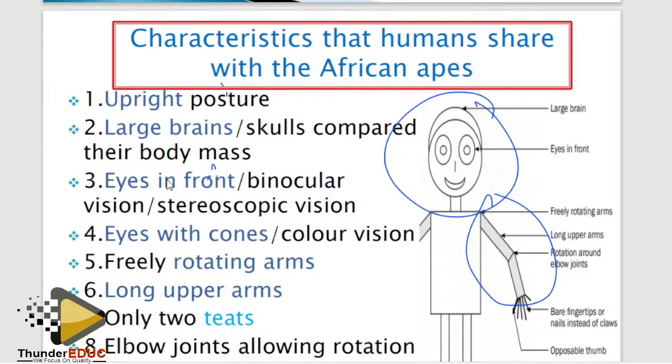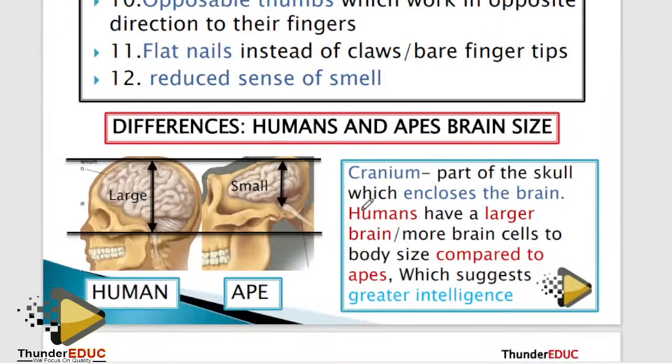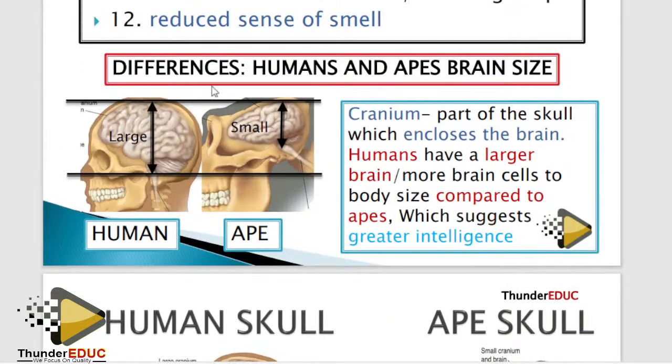Yes, the fingers, opposable thumb, you have the nails instead of claws. When you talk about the head, look at your head and then start: large cranium or large brain, eyes in front. So you look at your head and then you describe exactly what you have. Then you get the marks. It's not a big deal there.